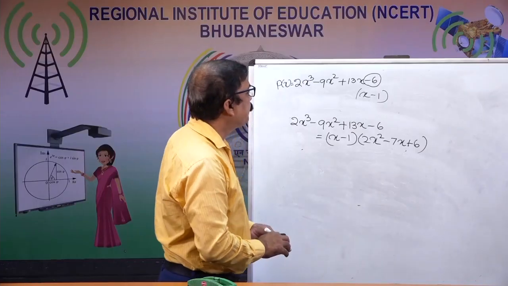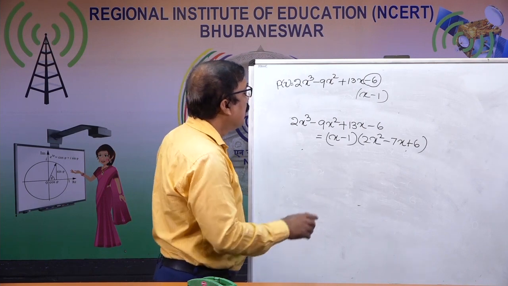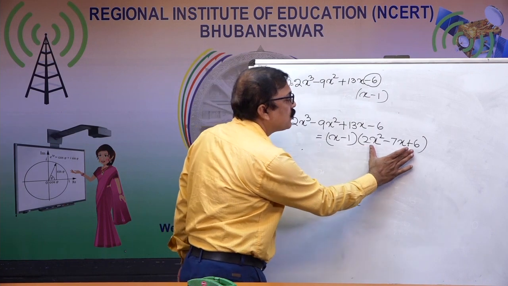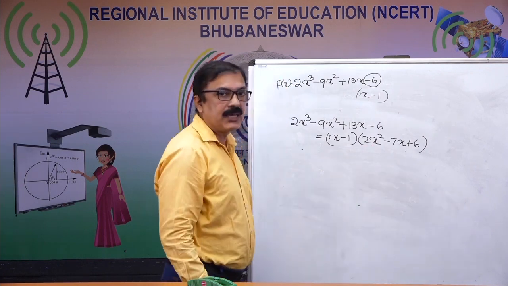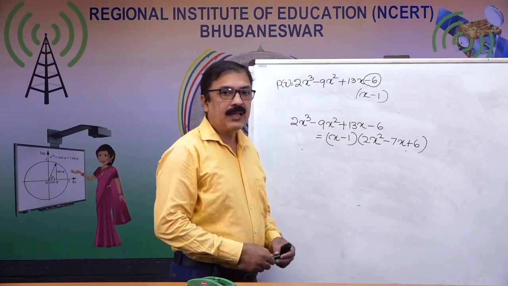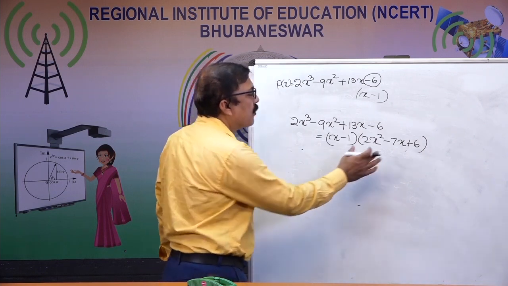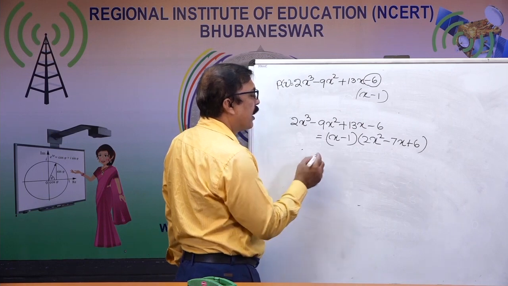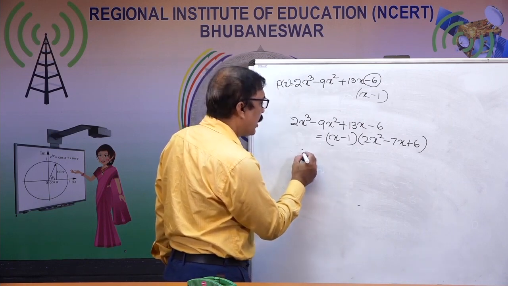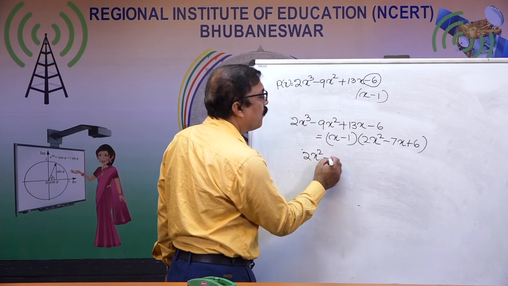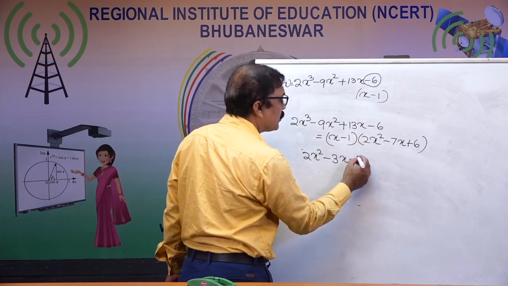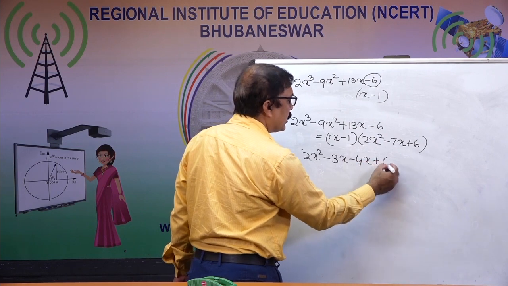Now see, this 2x² − 7x + 6 is a quadratic expression, we have to factorize it. In the previous question we have factorized it. Let us do it again. 2x² minus, middle term is −3x − 4x, plus 6.